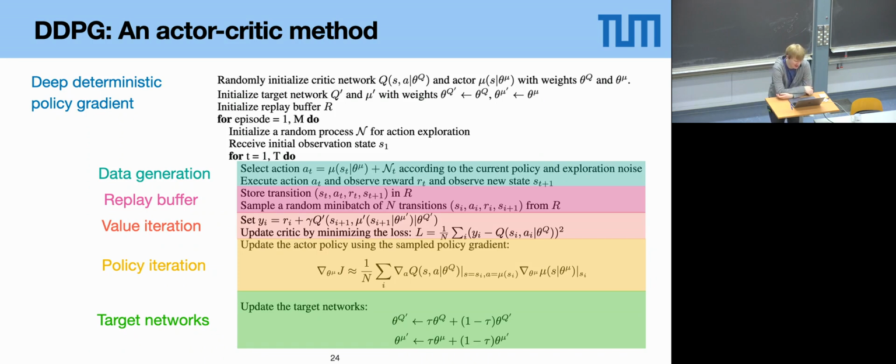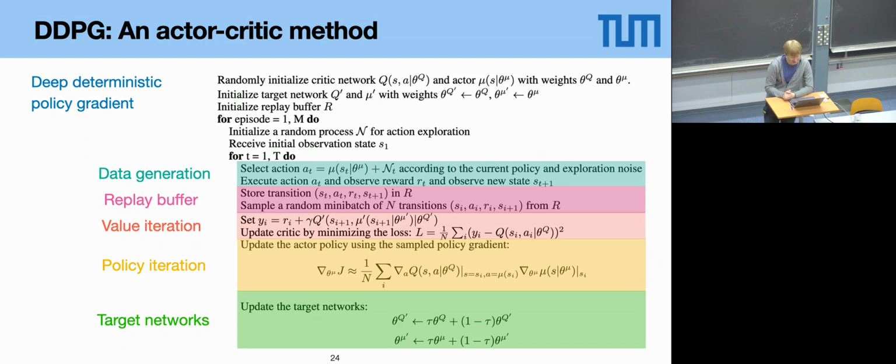It's basically stretched over two lines. But it's this consistency equation that you use as a target loss. This is the value iteration step, and afterwards comes the policy iteration step. Actions are continuous now, so you don't have this argmax function over discrete actions, but you have a gradient over actions.